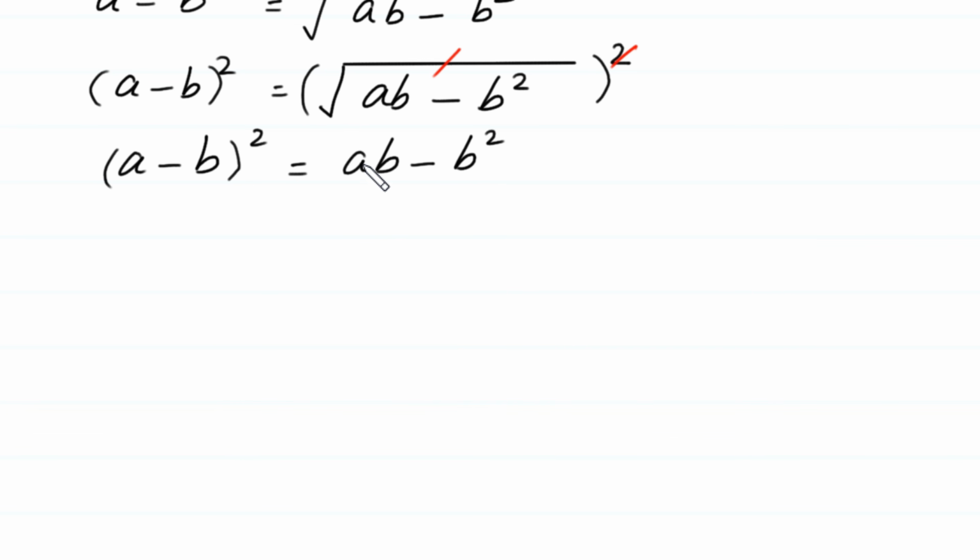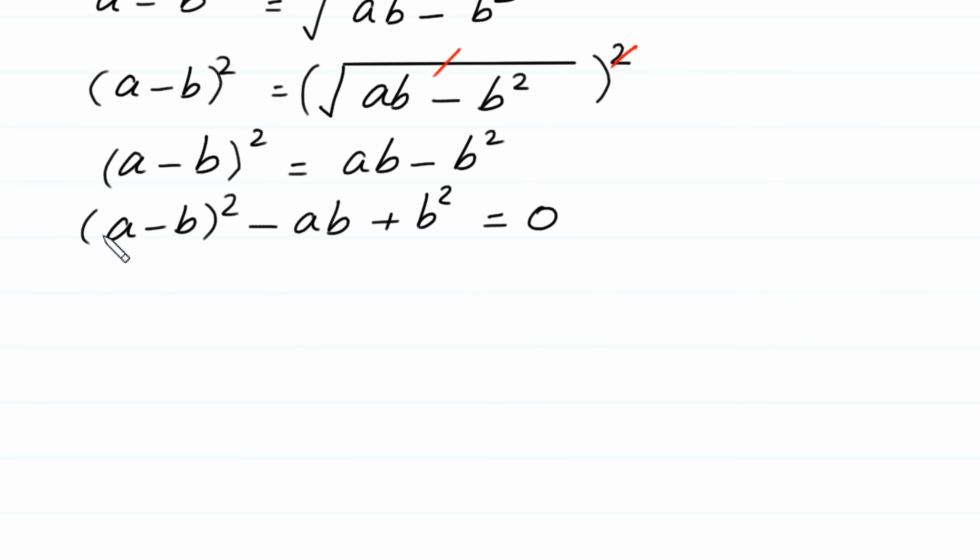Now we move this ab and this minus b squared to the left side. A minus b whole squared, this plus ab becomes minus ab at the left side, this minus b squared becomes plus b squared at left side is equal to 0.